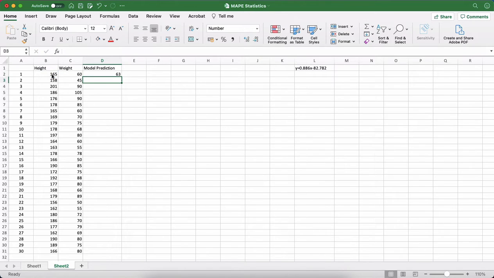Press enter. So here is then 63. This means that according to your model, if I enter 165 for x, then the person with 165 centimeter height should be 63 kilogram. Although the reality, when you collected the data, then the person actually had 60 kilogram weight.